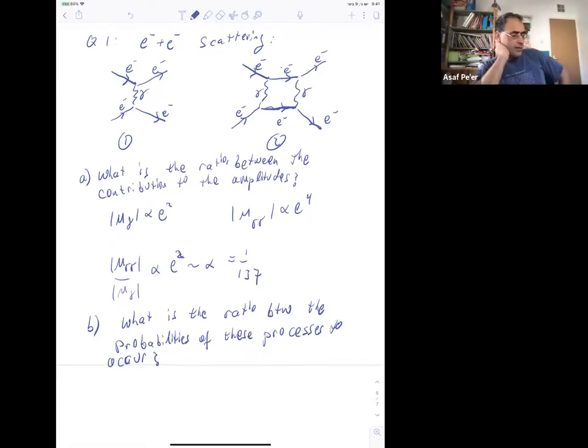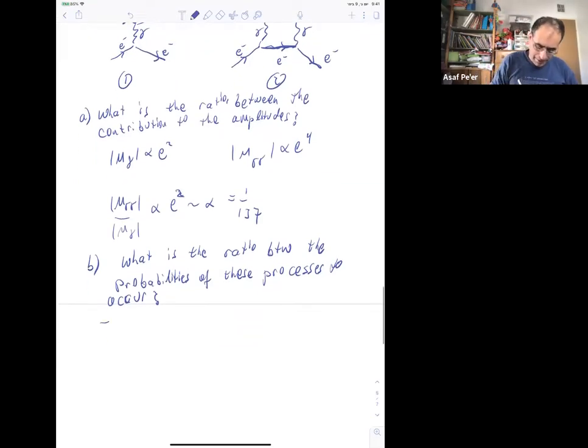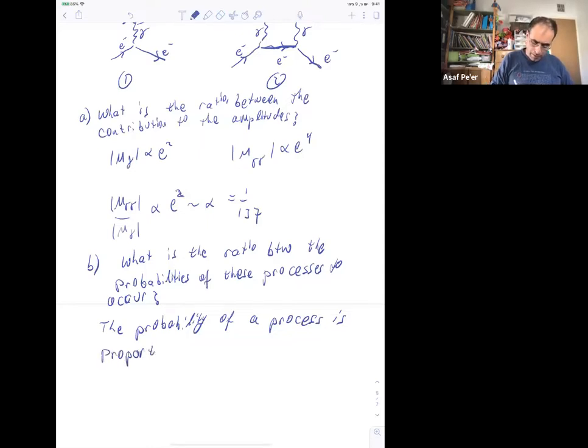So the probability of a process is proportional to the square of the amplitude, amplitude squared.